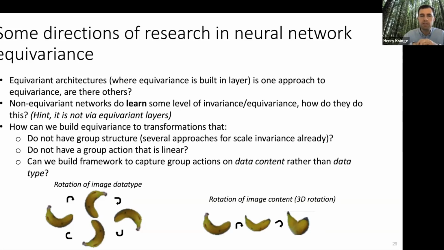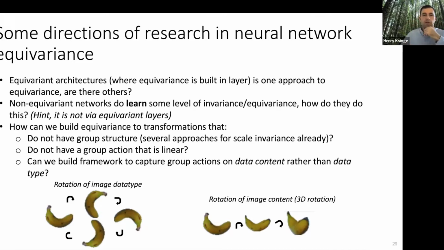But I suspect that, given that mathematicians are interested in these tools now, some more interesting and complicated groups will appear for which one might want an equivariant architecture. There are problems where the group action is not linear, or not obviously linear, such as color. And finally, there's this issue that everything we've done is symmetries to really the data type.